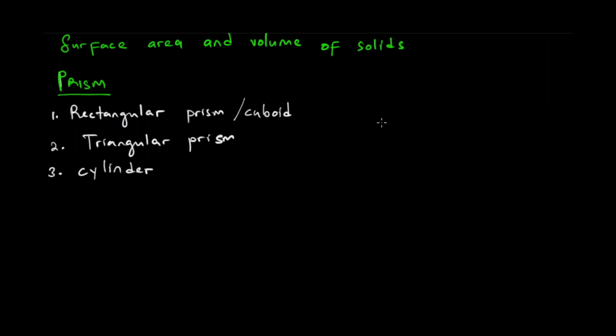Saka panapa, talking about a rectangular prism or a cuboid, it's going to be like this. In simple sense, a box panapa. This is the rectangular prism, kana kuti a cuboid. Then we have what is called a triangular prism.